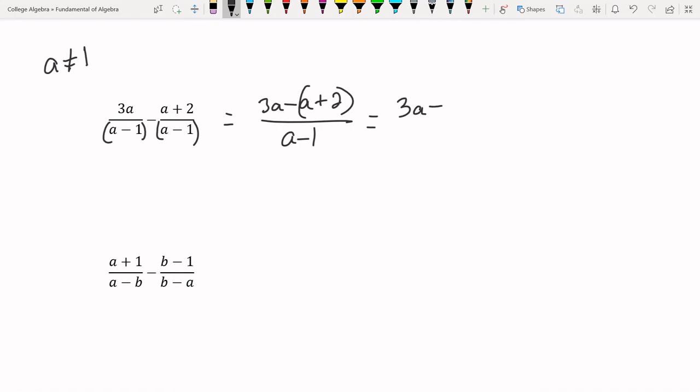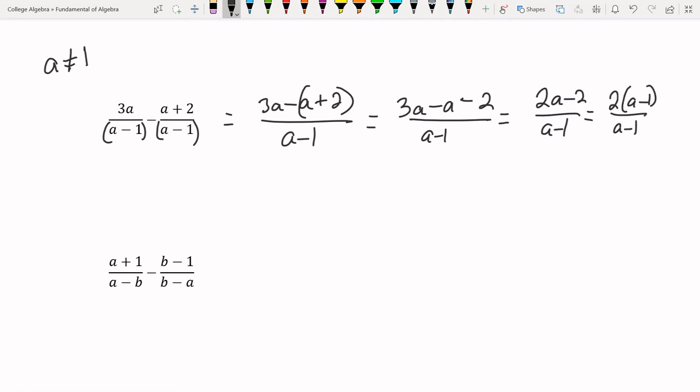And distribute that negative, combine like terms, take out a GCF, and now you see that we get 2, where a does not equal 1.